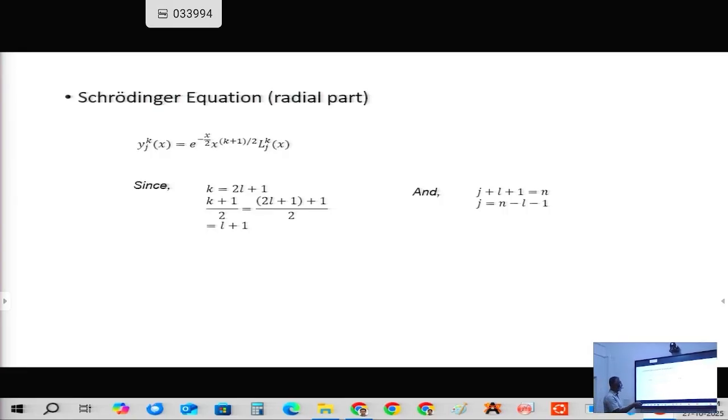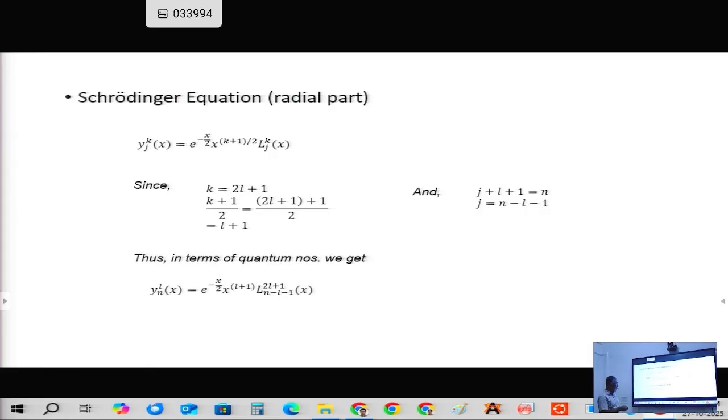Okay, and j plus L plus 1 is n, so j is n minus L minus 1. I'm trying to remove all the terms which we don't know. Okay, so I'm removing k and j from the solution, and if you substitute that, you get this expression, which is y n L of x is equal to e raised to minus x by 2, x raised to L plus 1, L n minus L minus 1 to L plus 1 of x.